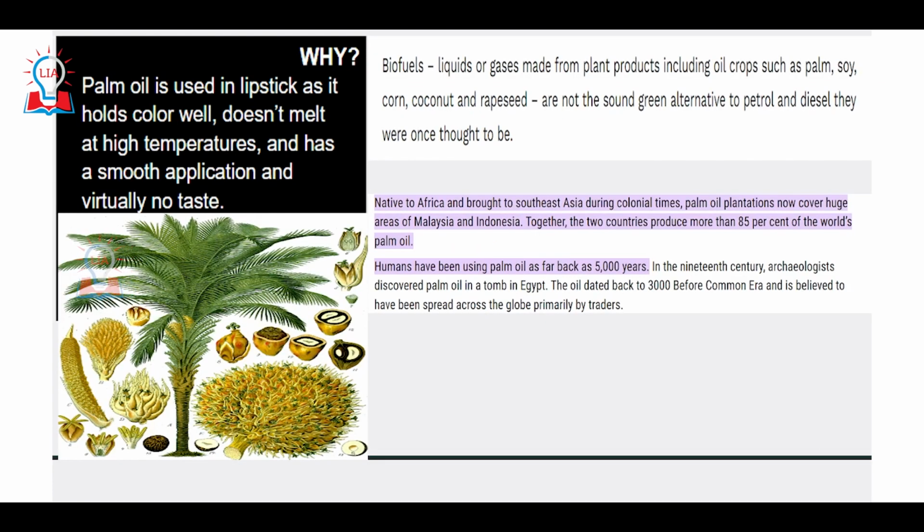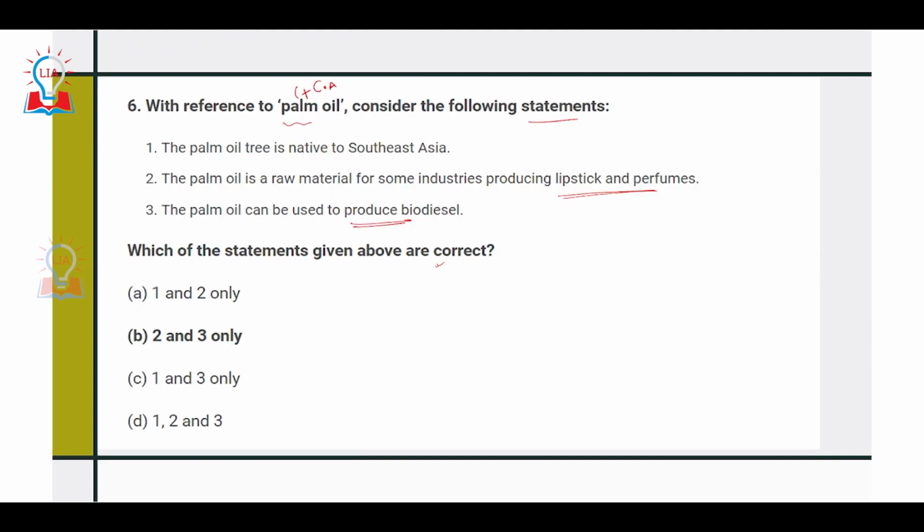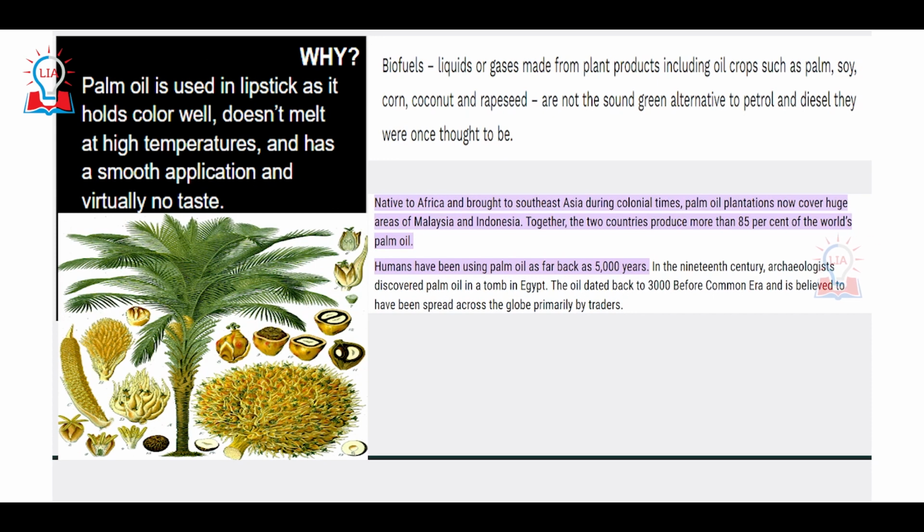So if you look at palm oil, the first statement is palm oil is native to Southeast Asia. This statement is incorrect because palm oil is native to Africa basically. Currently Southeast Asia, especially countries such as Indonesia and Malaysia, are the largest producers of palm oil today, but it was brought from Africa during the colonial times by the different colonial empires, and then they started to grow and plant it in Southeast Asia, which is called its rapid expansion.